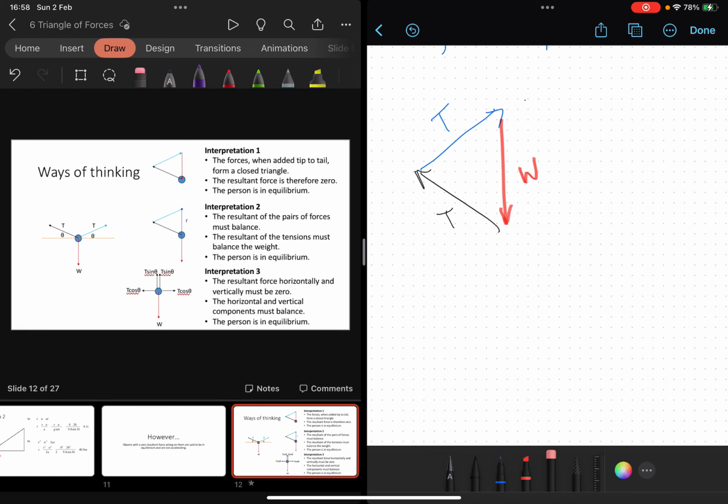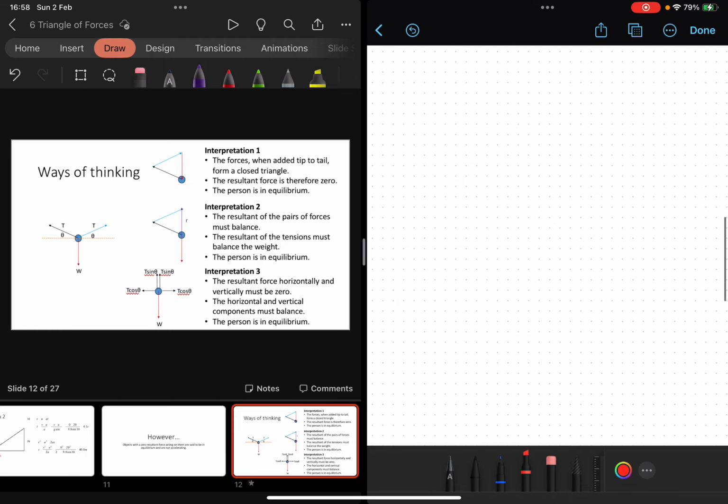Okay, now just to show you what it would look like for it not to be in equilibrium, let's imagine that when I drew the weight vector to scale, it looks like that. That is not a closed triangle, and therefore you could not deduce that that object is in equilibrium. Okay, the second way of thinking about things then.